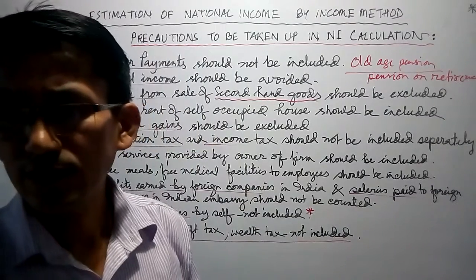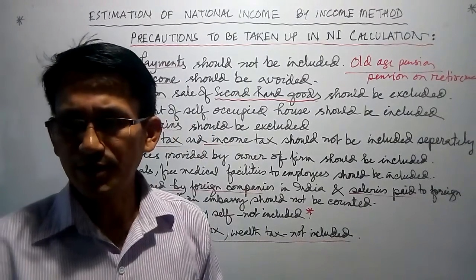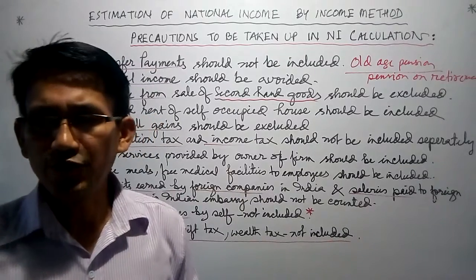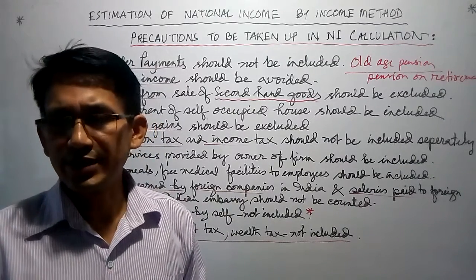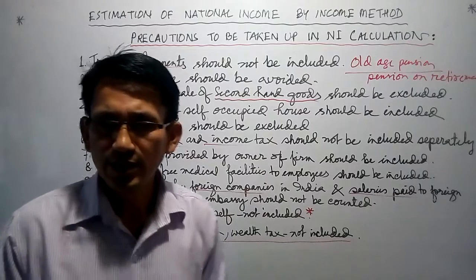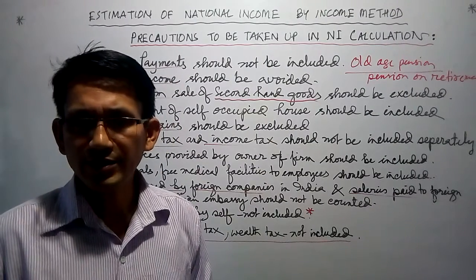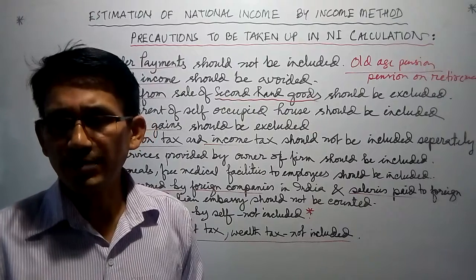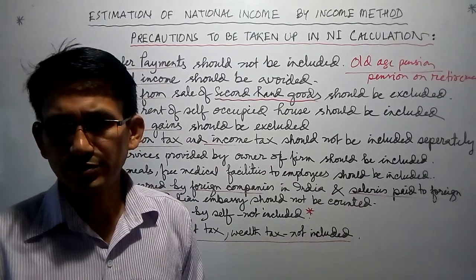So let us say, instead of profit, profit before the deduction of corporation tax has to be included. It is important to note that compensation of the employees includes the income tax.